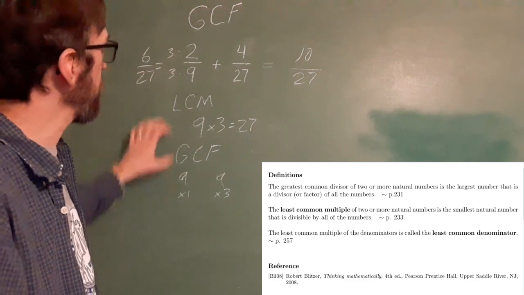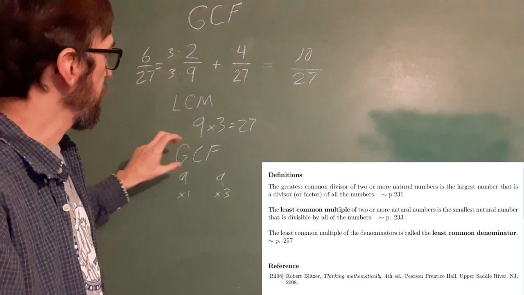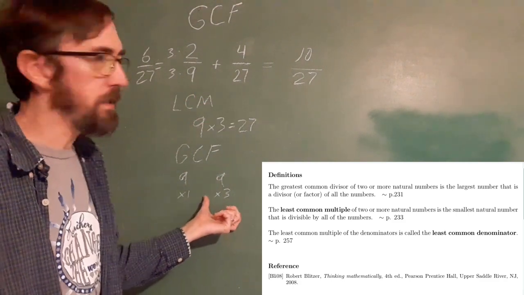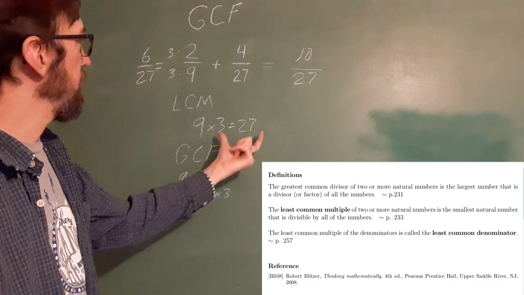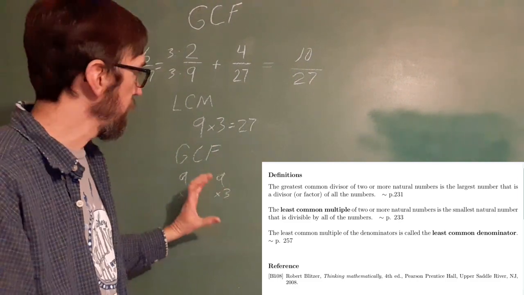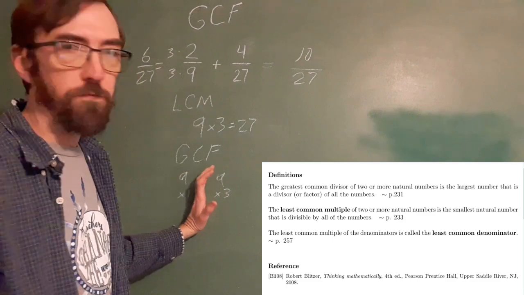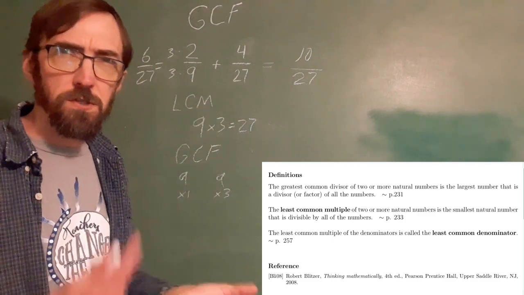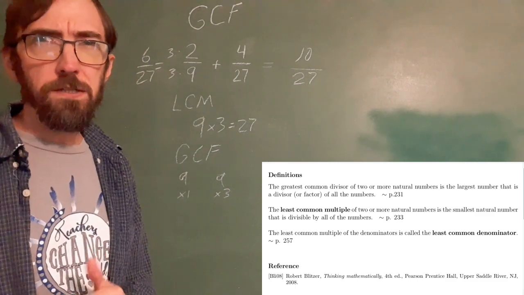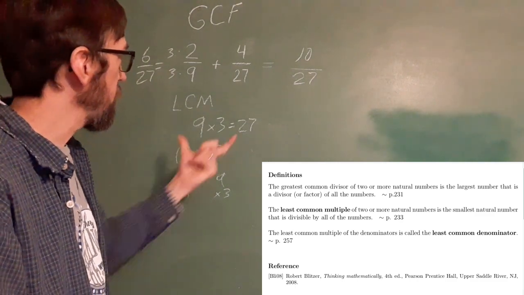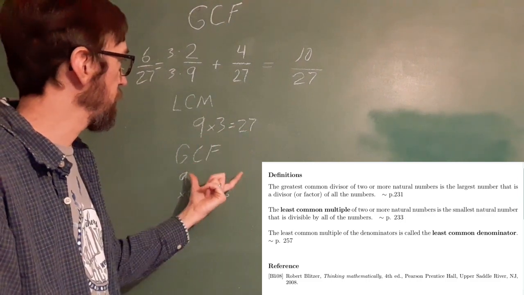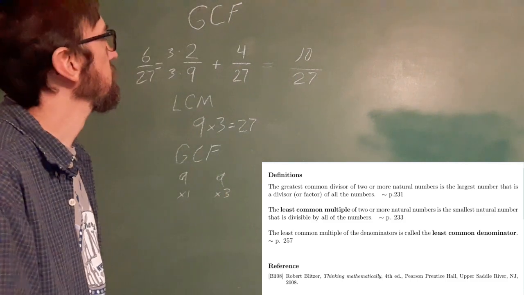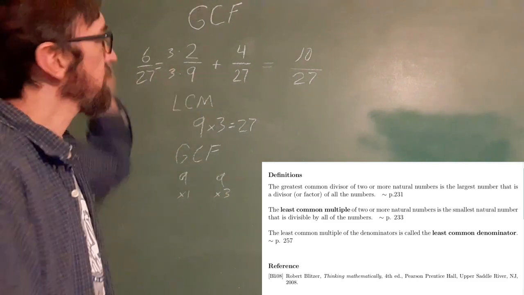Since I see that 9 is the greatest common factor, and I can get from 9 to 27 by multiplying by 3, then really I've found that the least common multiple, the product that I get from multiplying the factors, is that 27. So these are kind of related to each other. Multiples are the result of multiplying factors. So it is kind of hidden in here.